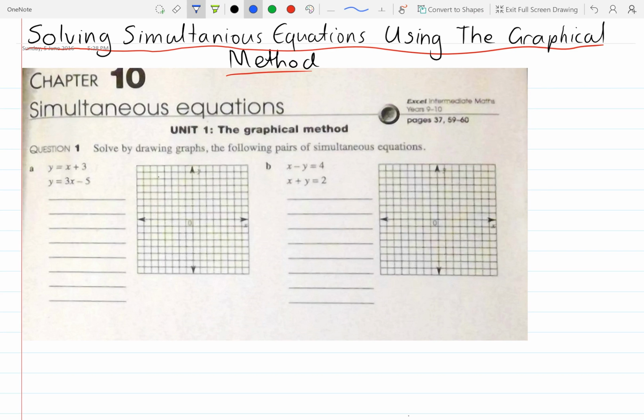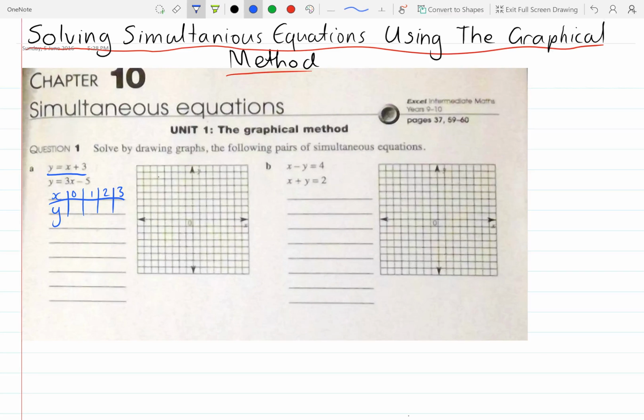So graphing this, drawing a table of values, x, y, 0, 1, 2, 3. I just picked easy numbers. You can pick any numbers you like, but I like 0, 1, 2, 3 because generally they're good to work with. Now I'm going to do the x plus 3.